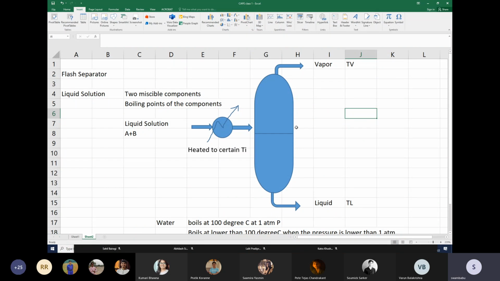Now, how do we estimate? Let's say I know TV and TL. At thermal equilibrium, TV equals TL.